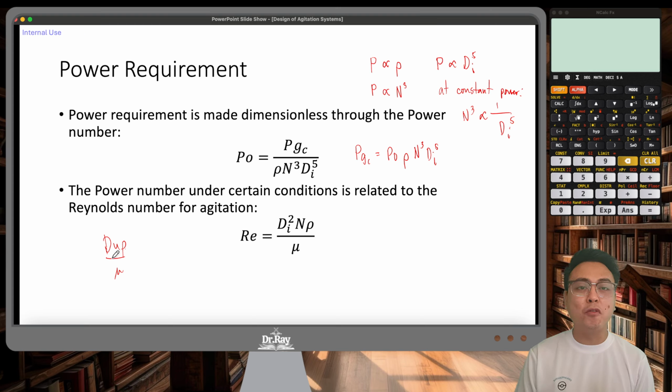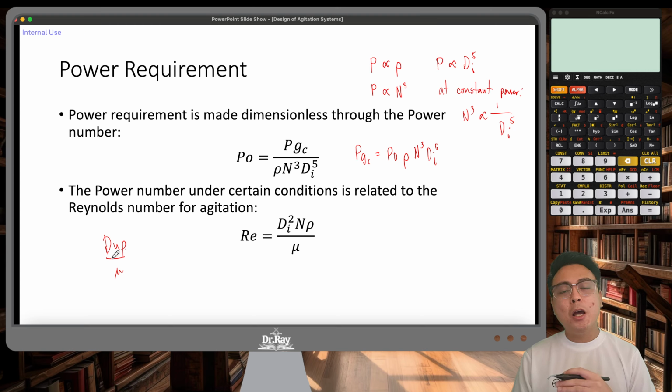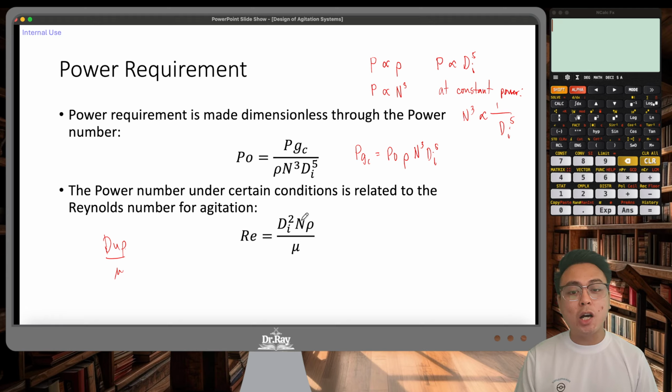But for different flow configurations, like for this agitator, we simply swap out the fluid velocity with impeller speed, and the pipe diameter with impeller diameter, because the impeller diameter gives us so much information about the design of agitation systems.